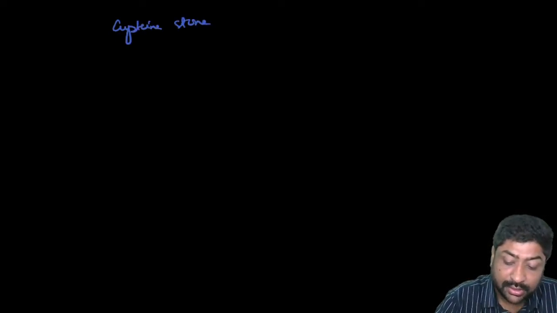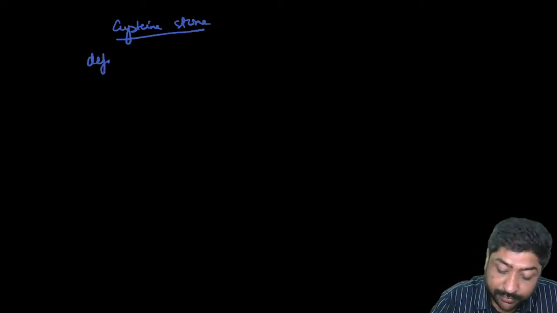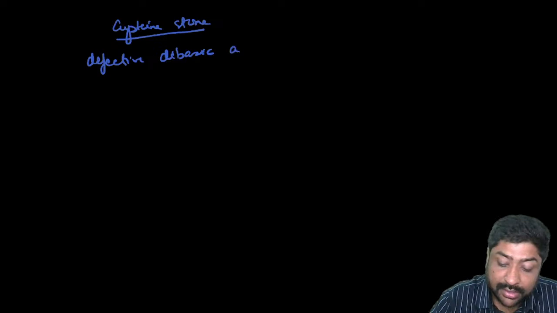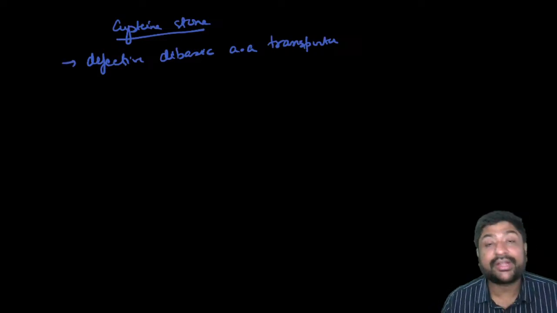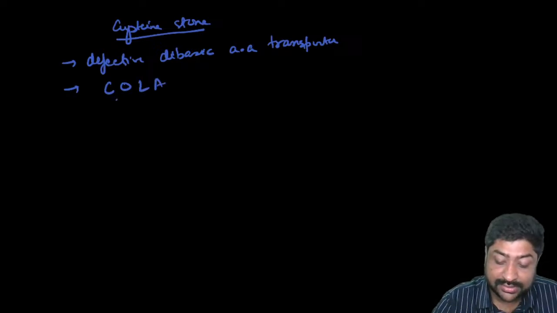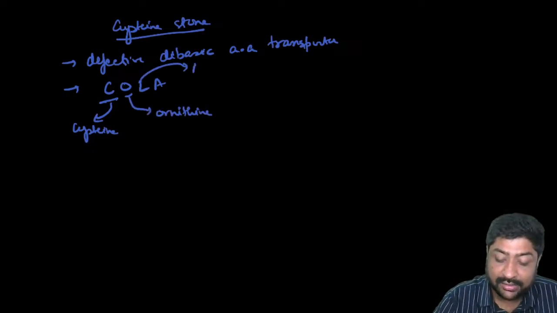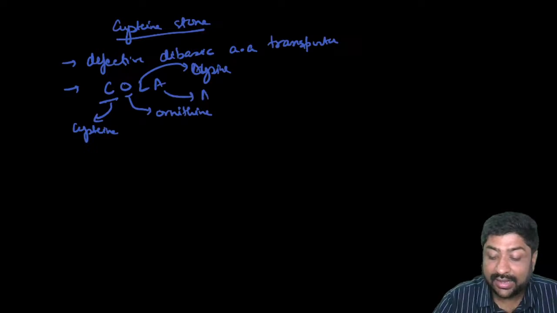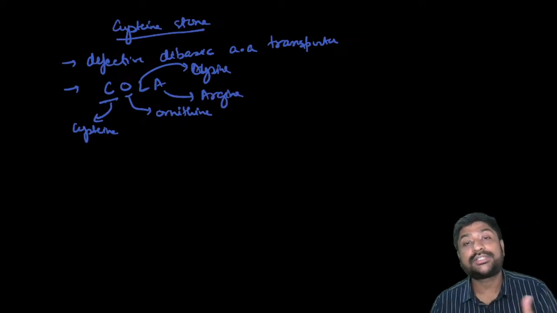Normally not seen, but in patients who have a defective dibasic amino acid transporter in the renal tissue, COLA, that is cysteine, ornithine, lysine, and arginine, all these four basic amino acids come in the urine.